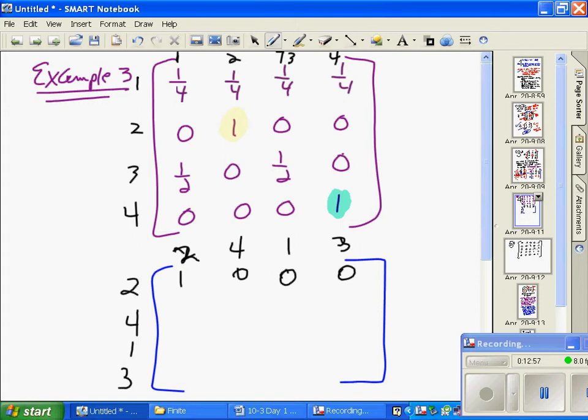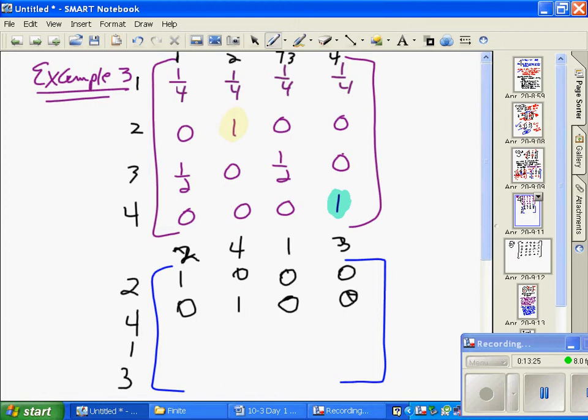Now I'm going to go to my row 4 in my purple matrix. Row 4 in my purple matrix, I'm going to pick out 4, 2 first. 4, 2 in my purple matrix is a 0. 4, 4 in my purple matrix is a 1. 4, 1 in my purple matrix is a 0. And 4, 3 in my purple matrix is a 0.